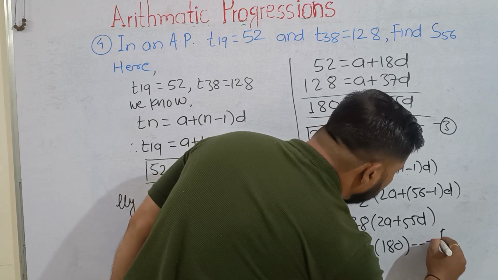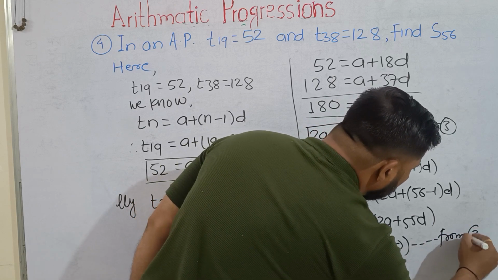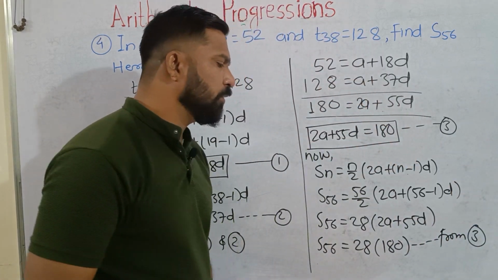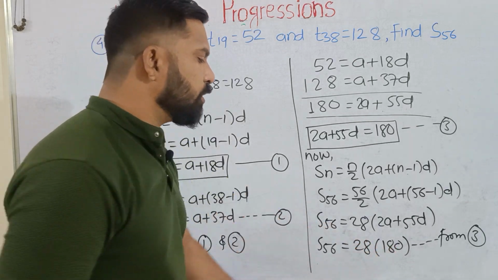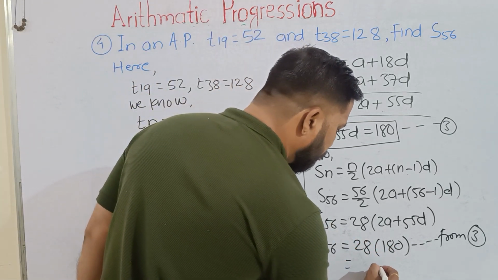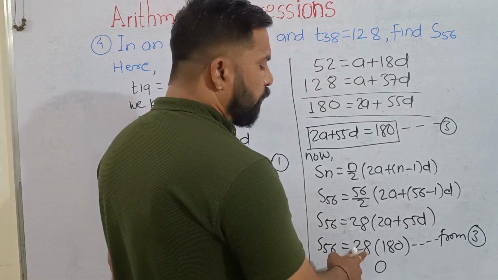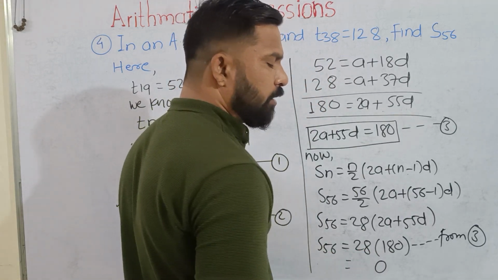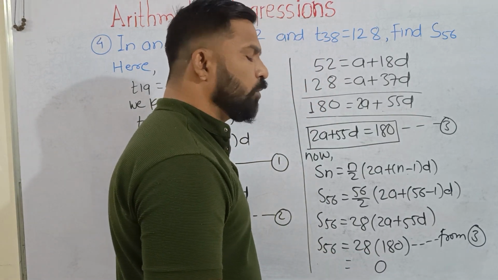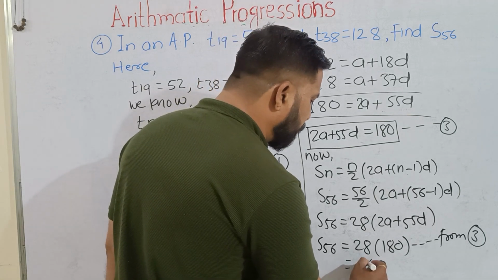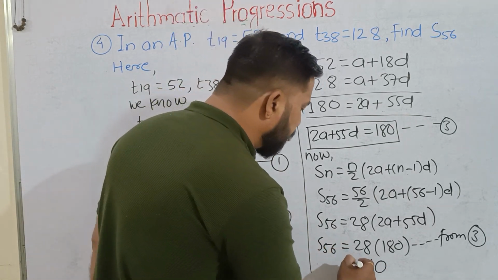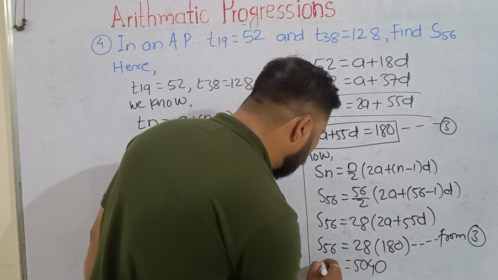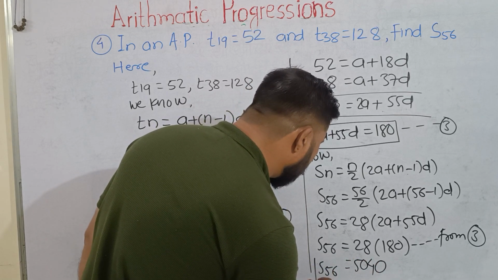Here you can write from 3. From 3 we substituted that value. Now 28 zeros are 0, 28 8s are 224, okay, 22 go carry, 28 ones are 28 and it is 50, so yes, 5040.